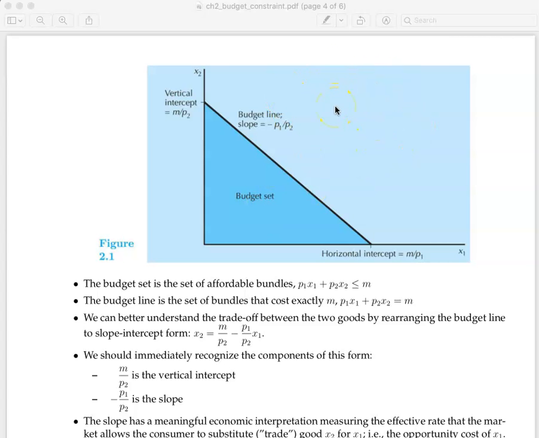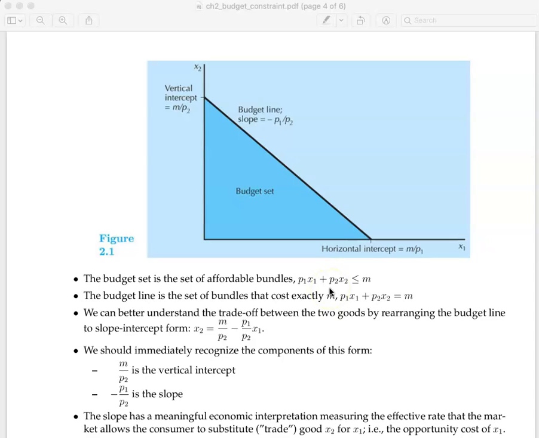They're not affordable given prices and budget M. And then there are the points along the budget line where income is exhausted, where P1 times X1 plus P2 times X2 is exactly equal to M. So: feasible, including exhausting the budget, and then infeasible.